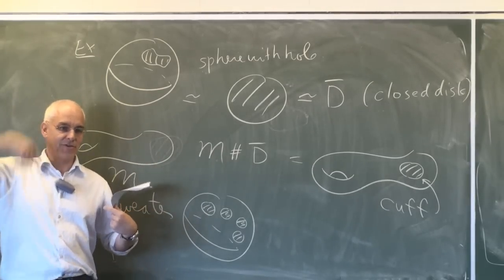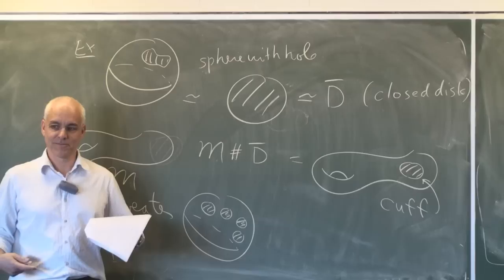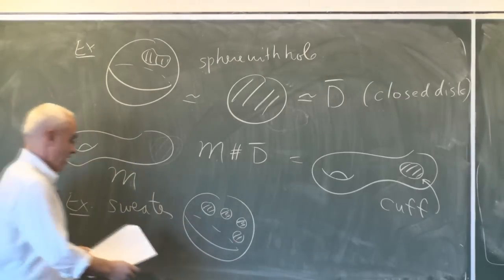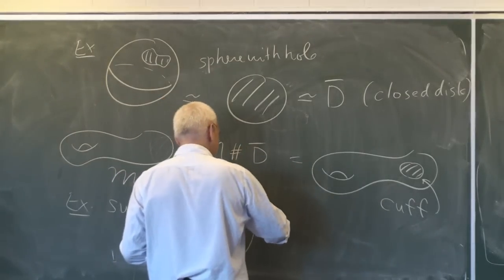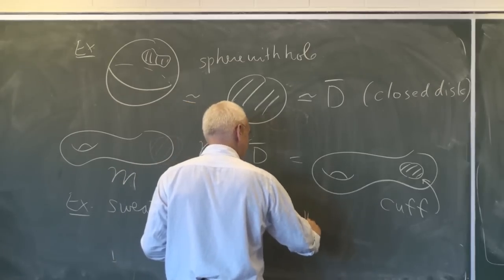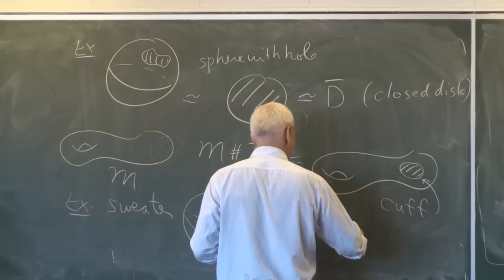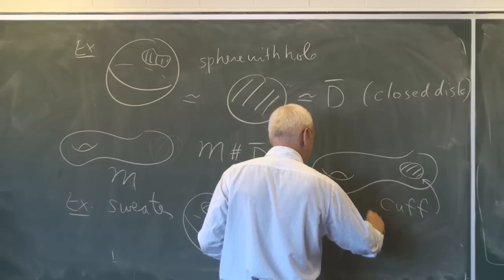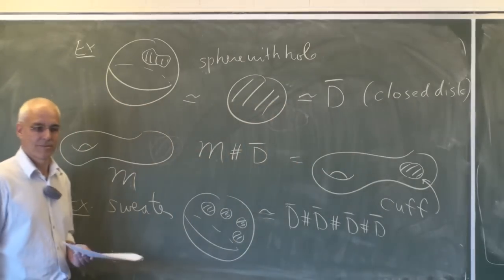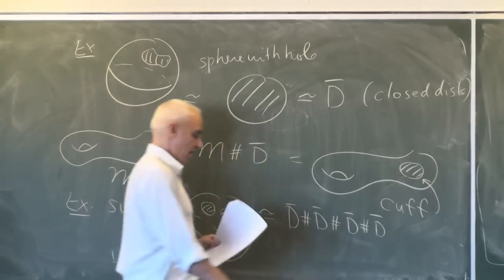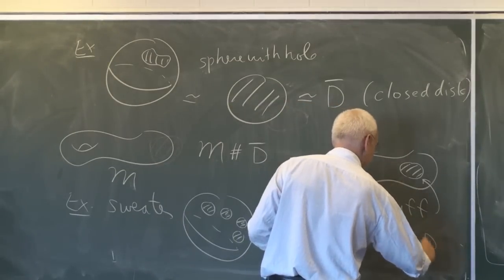There's a hole where your neck is. There's a hole where the waist is. And we could write it with this notation as d bar plus d bar plus d bar plus d bar, or maybe more economically, simply as 4 d bar.